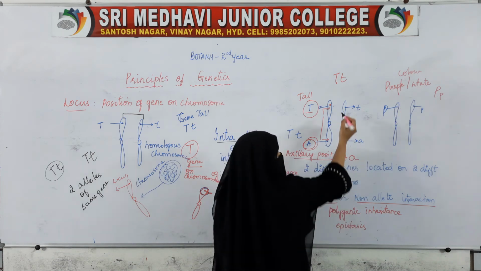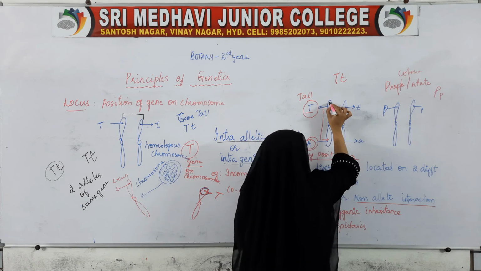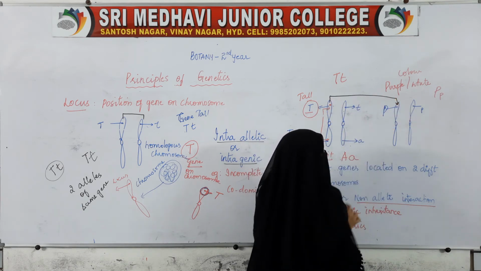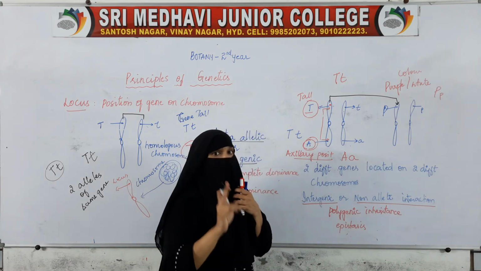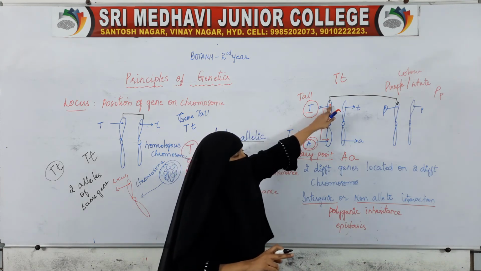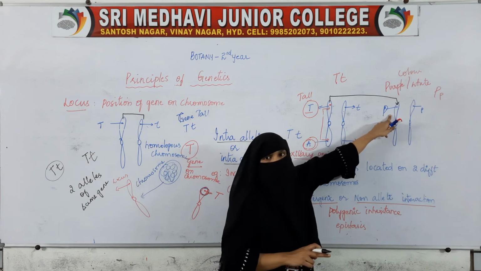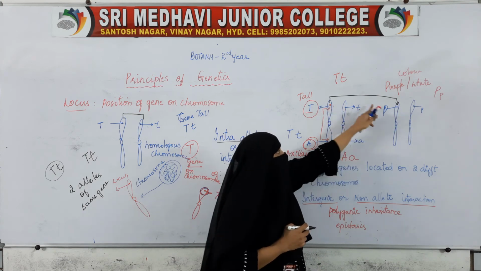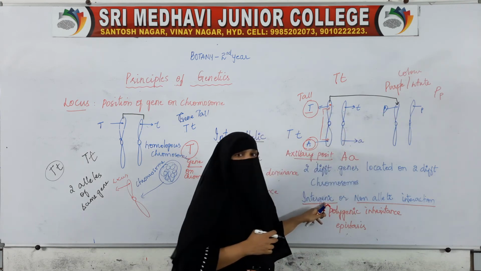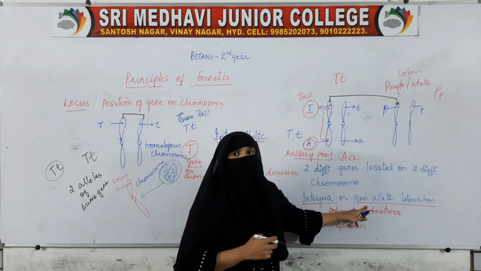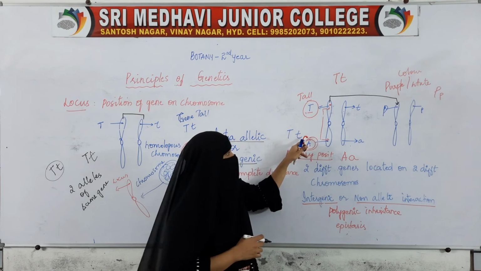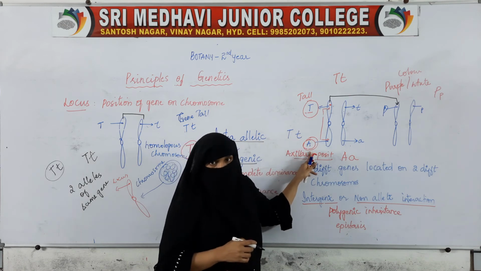So if there is interaction between two genes, that is, the genes of tallness and the genes of purple color, then that interaction is also called intergenic or non-allelic. Earlier it was the interaction between the tall gene and the axillary position gene.